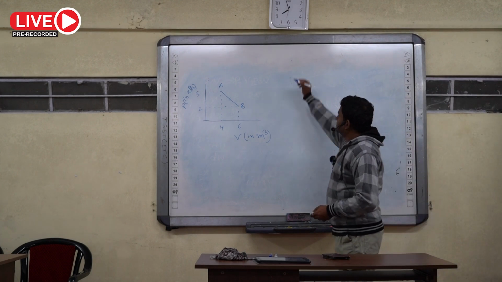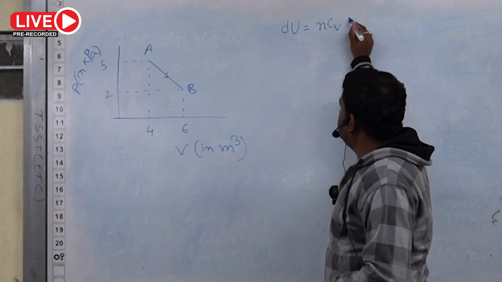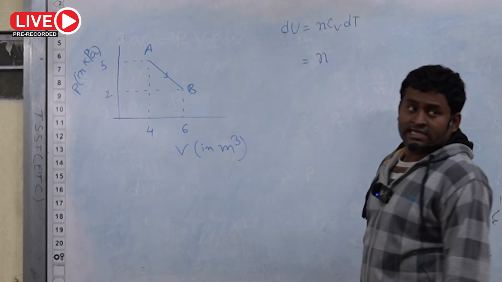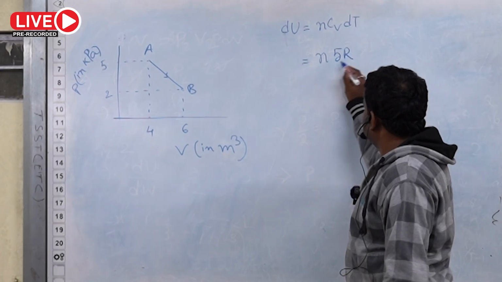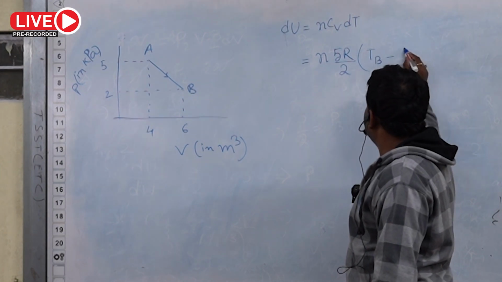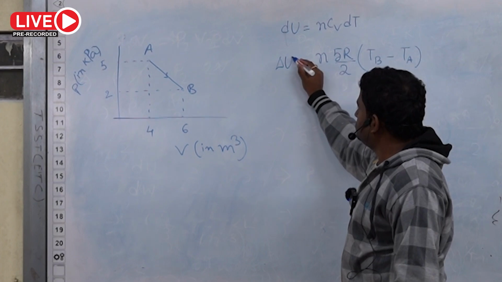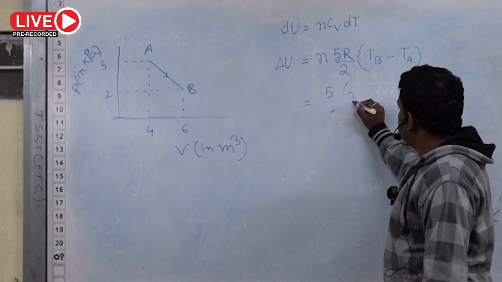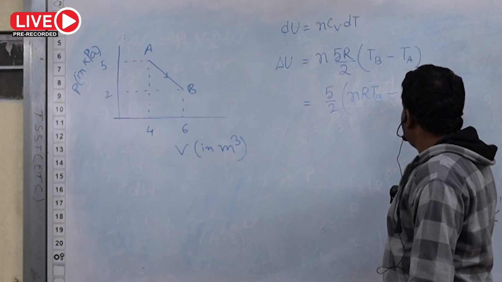See, dU is equal to n CV dT. What is CV for a diatomic gas? 5R by 2. And dT means the difference of temperature, that is final temperature minus initial temperature, TB minus TA. So this will give you delta U. Then I can write 5 by 2 into nR TB minus nR TA.